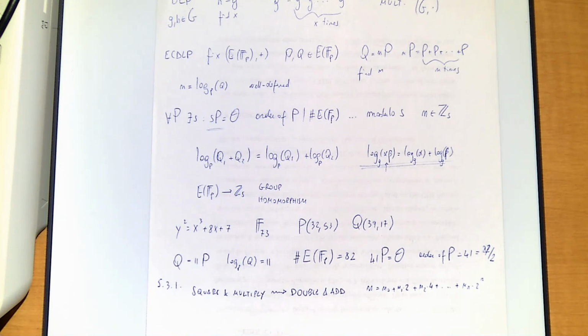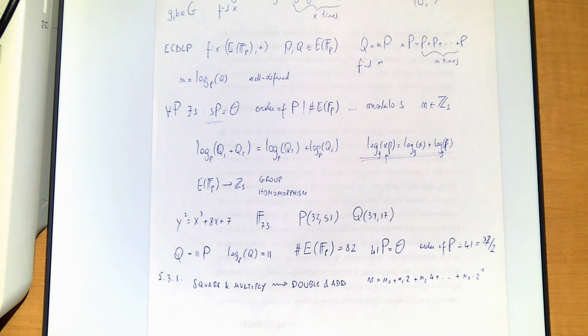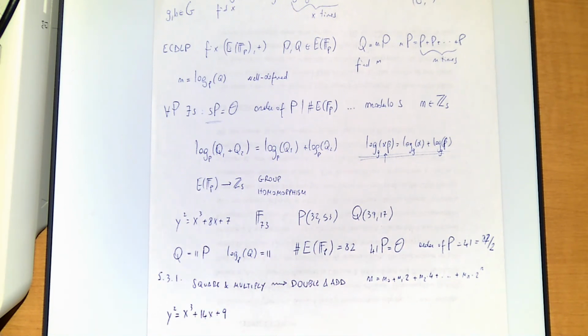Let's consider the curve given by y squared equals x cubed plus 14x plus 9. Let's take the point P to be (6, 730).